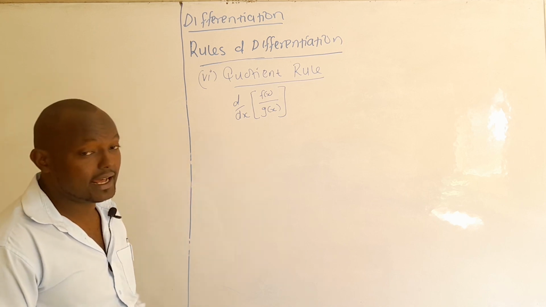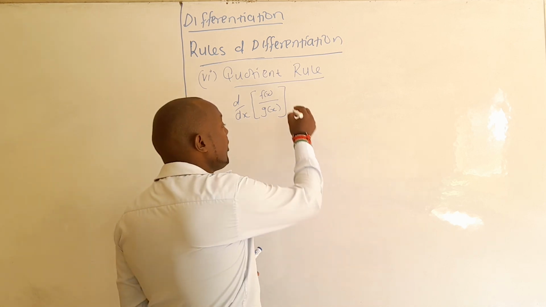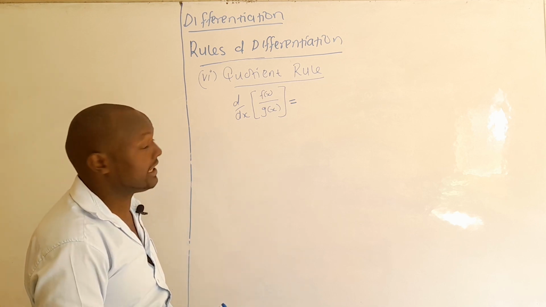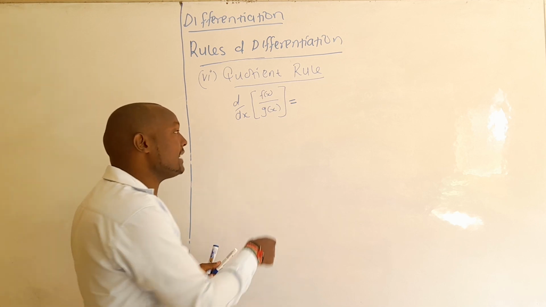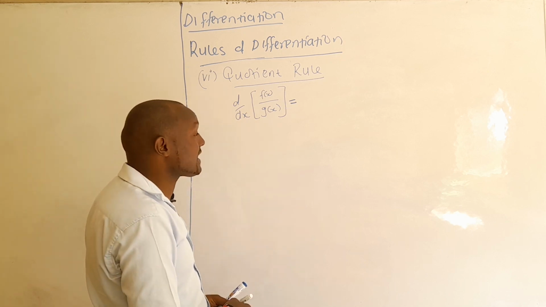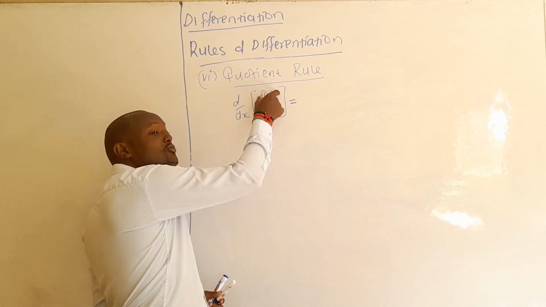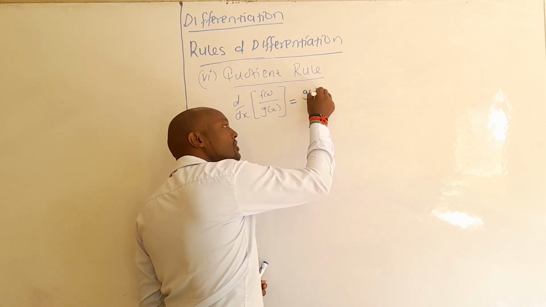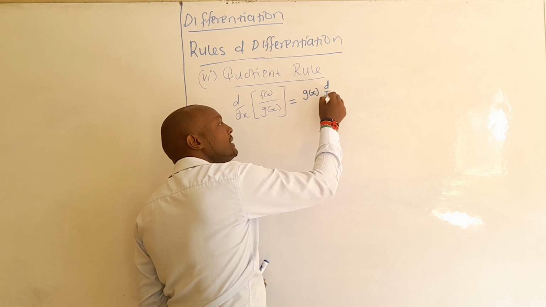But with this one, again, the order is very important. The order of this one matters a lot, where we are treating one as constant and differentiating the other. So in this case, first of all, you differentiate the numerator. So I treat g as constant, I differentiate the numerator.